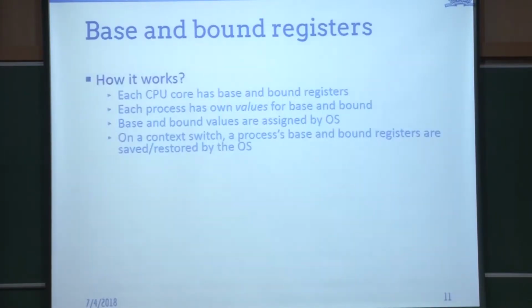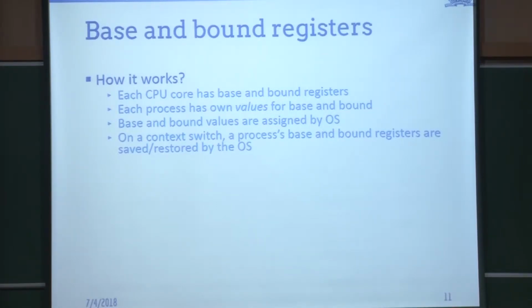How all this works is that on the hardware side, each CPU core will have these base and bound registers, and the values you put for base and bound for each running process would be different, based on where their memory is located in the physical memory.